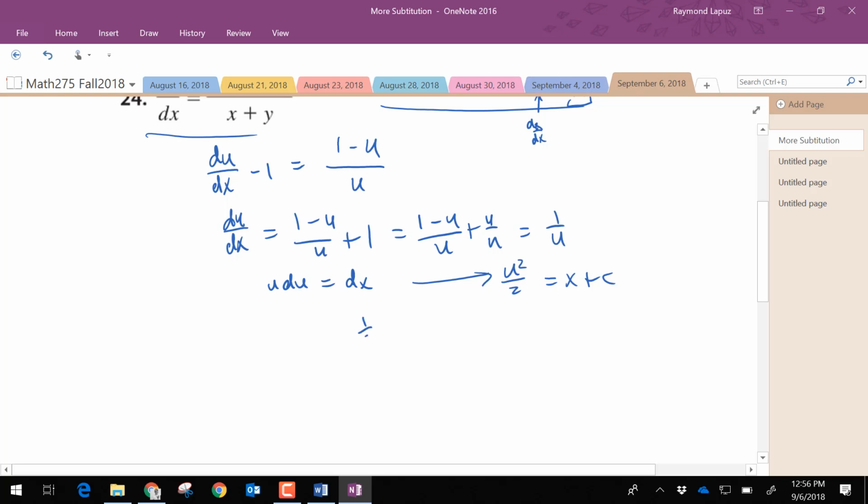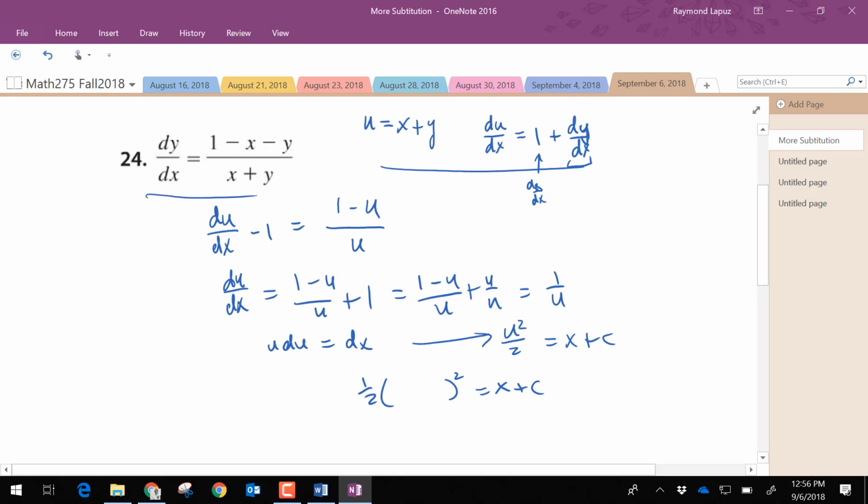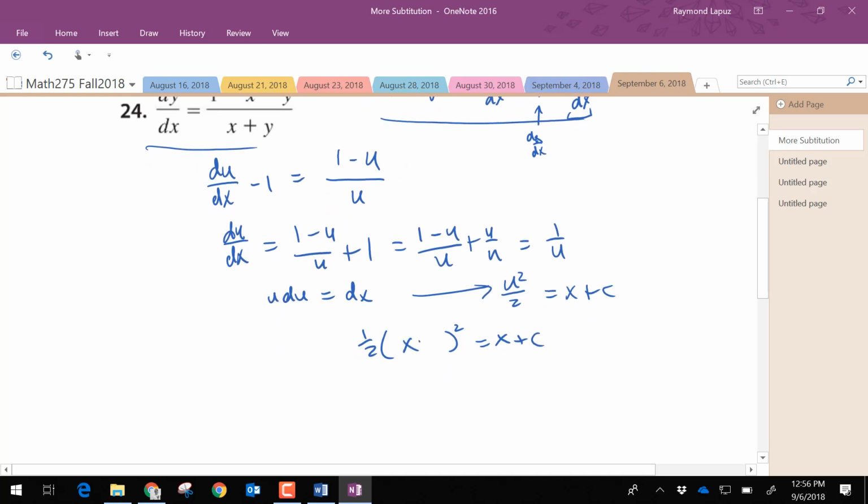So let me rewrite this as 1/2 u squared, and u was equal to x plus y. And then if you can, you could solve for y. In this case, and actually a lot of cases, it'll probably be a little bit more difficult to solve for y.